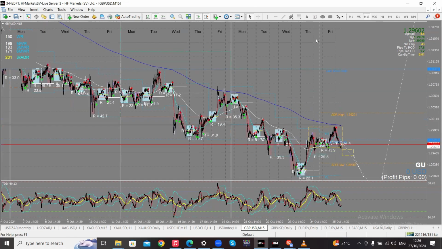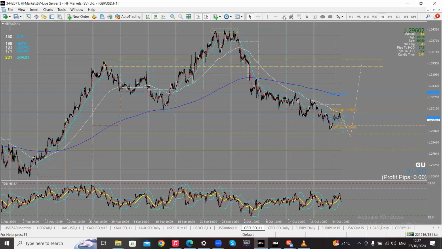But of course, bearing in mind the USD index analysis that I did previously, I'm thinking these moves would be moves to induce people to think that this pair is still going down, and price would actually then shift away from this area.